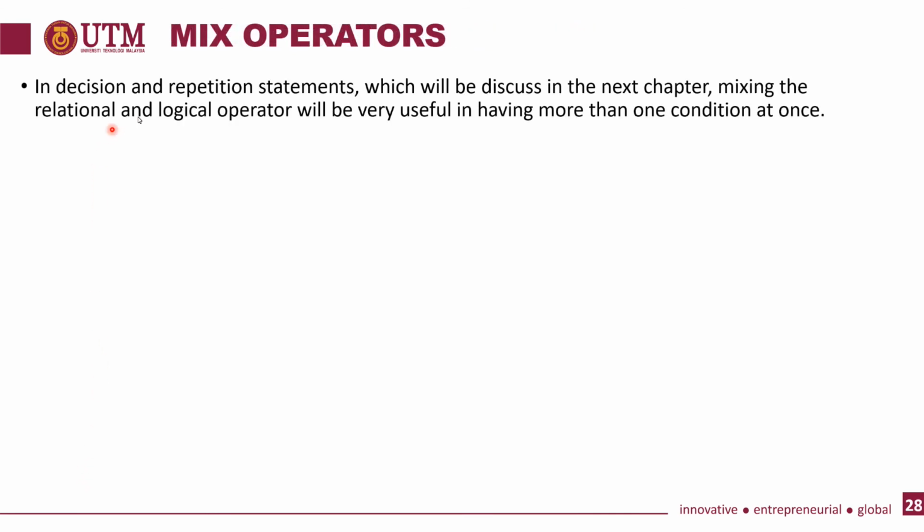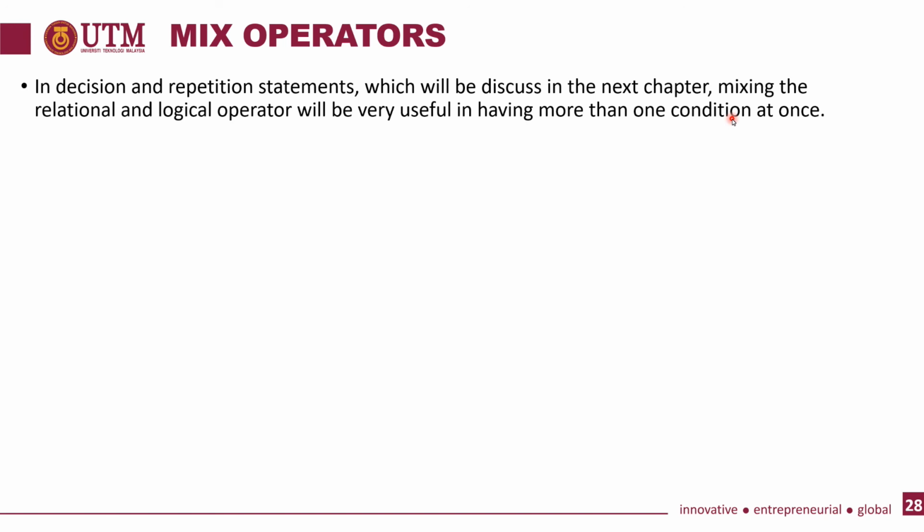Okay, mixed operators. In decision and repetition statements, which will be discussed in the next chapter, mixing the relational and logical operators will be very useful in having more than one condition at once. When you are solving engineering problems, you are required to mix relational operations, logical operations, decision and repetition statements all together.